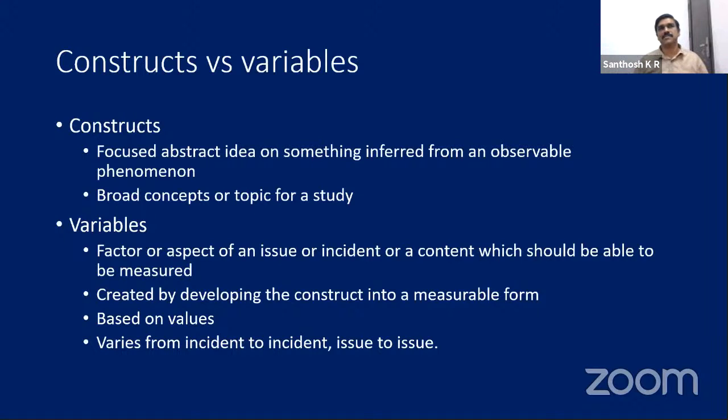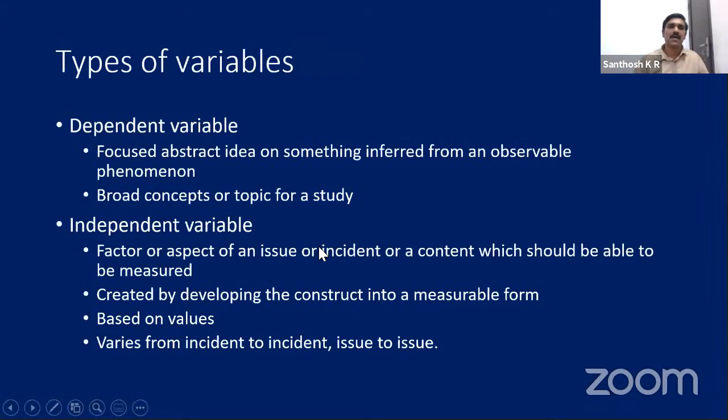If heartbeat is high, then stage fear may be high. Sweating is high, then stage fear may be high. So time to time, we will measure it based on certain variables. We see how it varies, and based on that we will be measuring. So whenever we start measuring and we find out that it varies from time to time, we can call that particular construct a variable. Okay, this is the difference between constructs and variables.